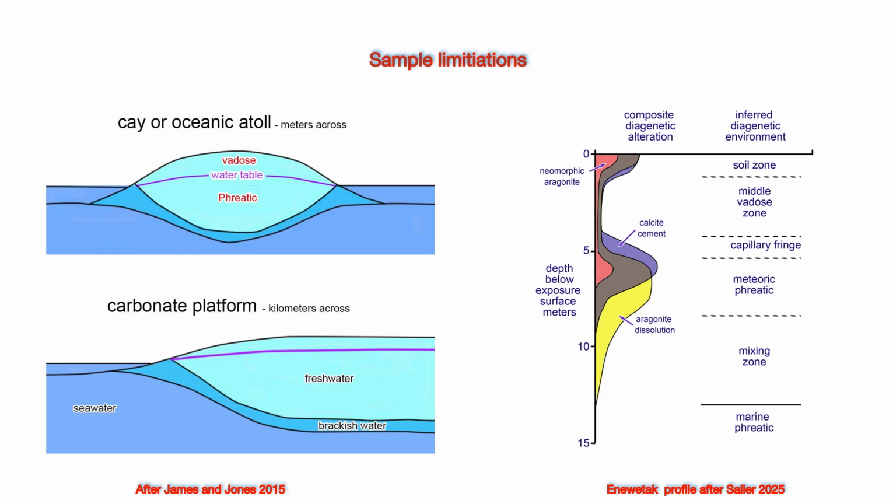The vadose thin sections used here are from the center of the vadose zone. They do not sample its top or base, where differing amounts of diagenetic products are likely to be found, as shown for the Pacific Atoll Eniwetak by Sala in 2025.